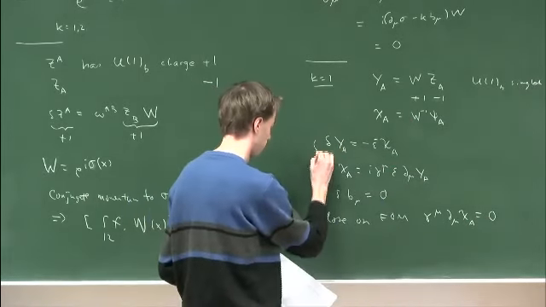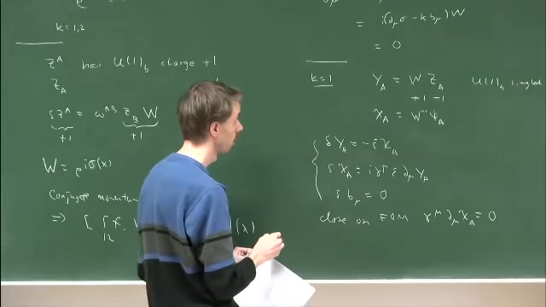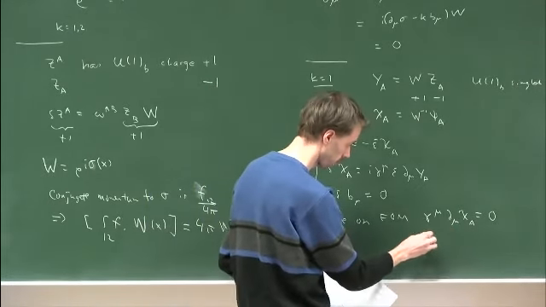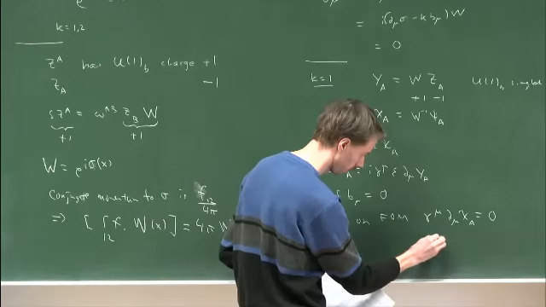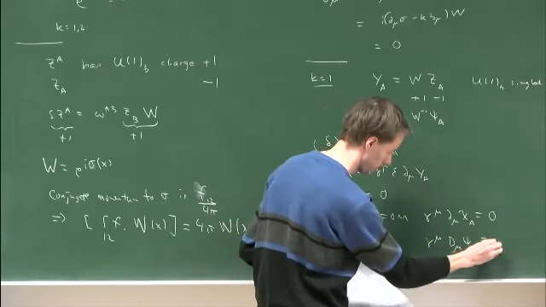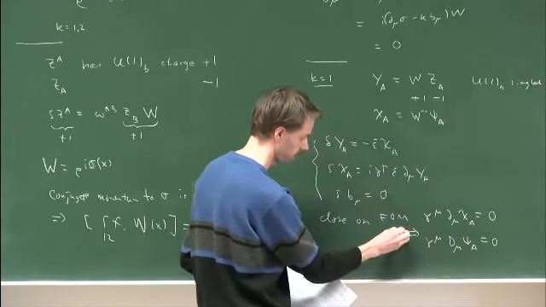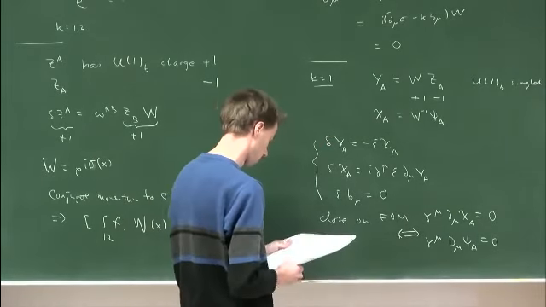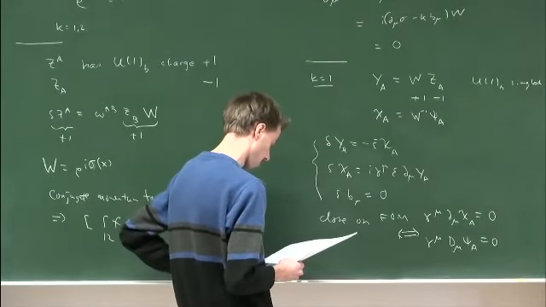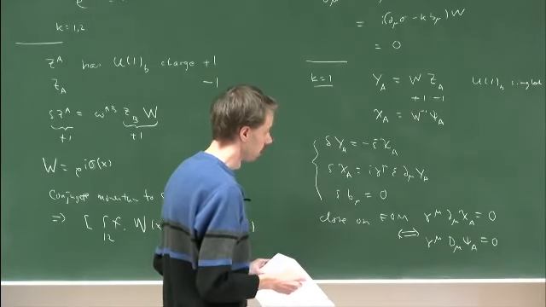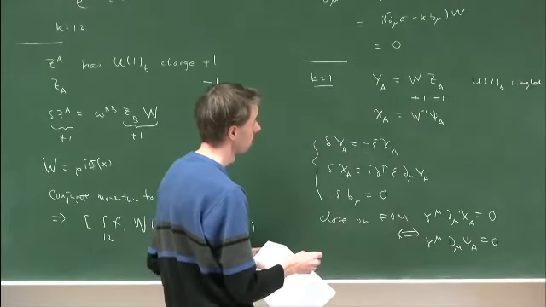To really show that it is enhancement of supersymmetry, one needs to show that this also corresponds to the ABJM equation of motion, which is, so one needs to prove that one gets the ABJM equation of motion. But that's quite trivial.